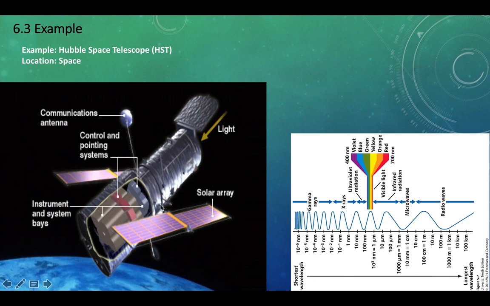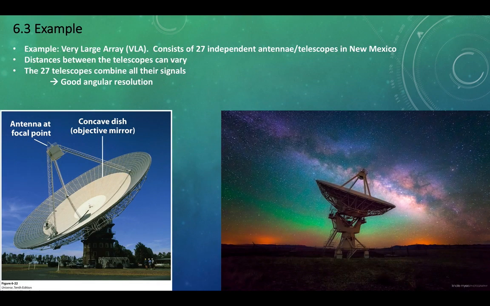So don't worry, this might sound like a complicated sketch, but it is very similar to what I have shown you earlier. But what you should know is the Hubble Space Telescope is one of the most important space telescopes we have ever built.